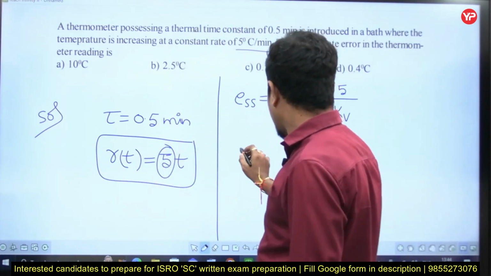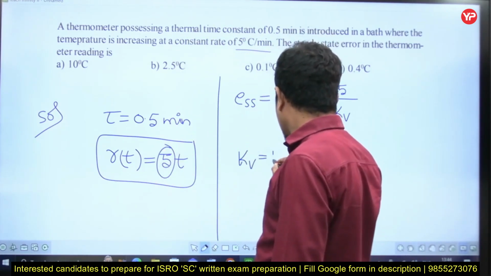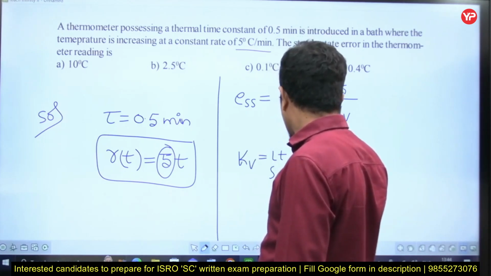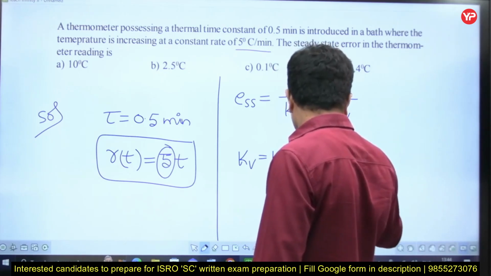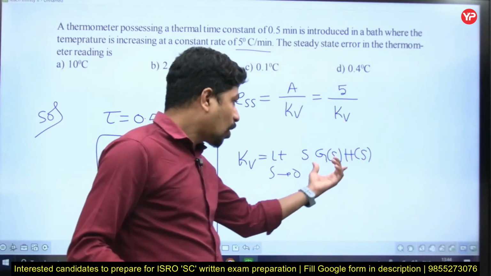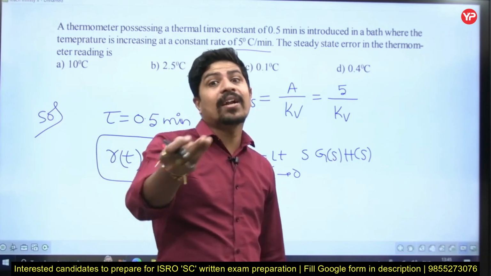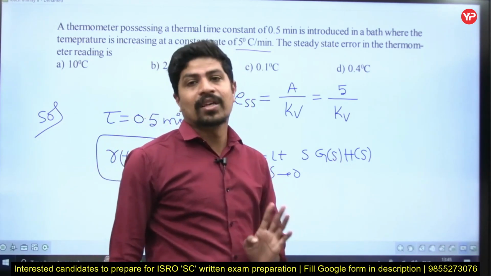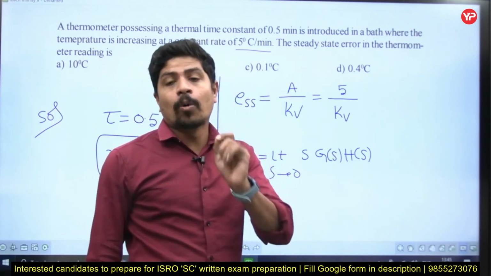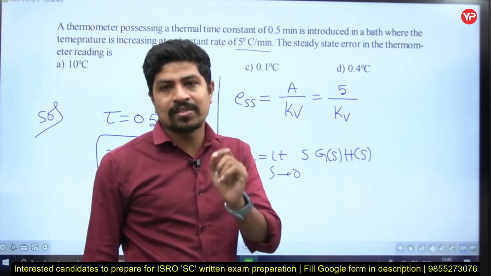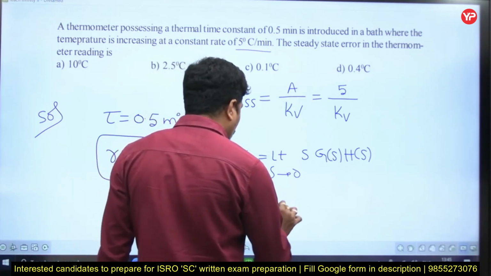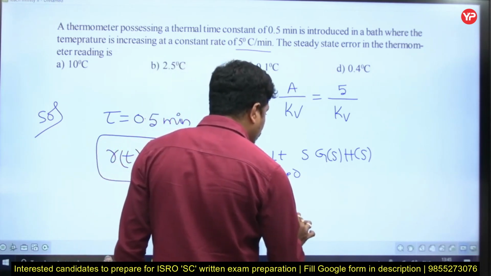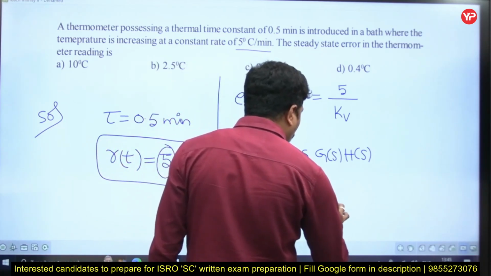What is kV? kV is equal to limit s tends to 0 of s into G(s) into H(s). What is the open loop transfer function of a standard first order system? I told you in the class, that is 1 by s tau. So kV is equal to limit s tends to 0 of s into 1 by s tau.